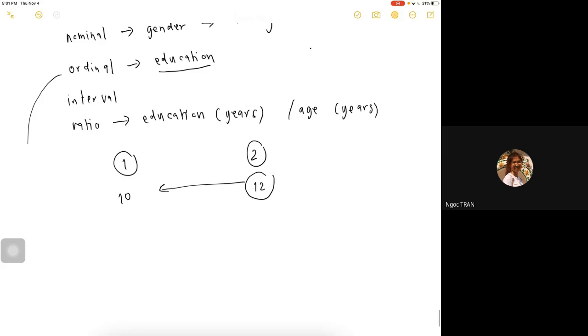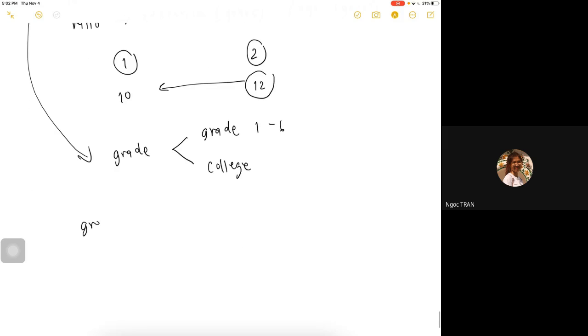In the ordinal case, maybe grade of education. So in your questionnaire, you might have people from grade 1 to 6, something like that, and you also have college level. For people who have grade 1, 2, 3, 4, 5, 6, you know that people who can study at grade 4 have to have passed grade 3 already.